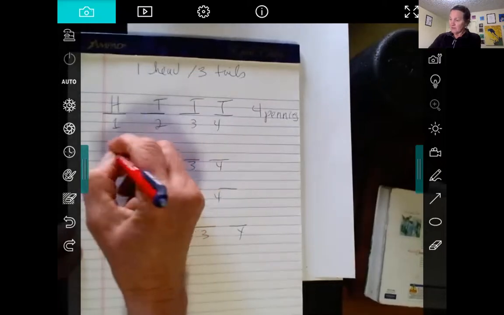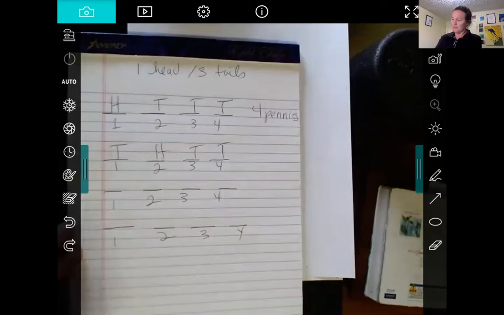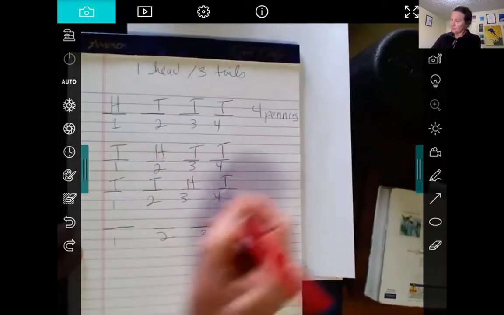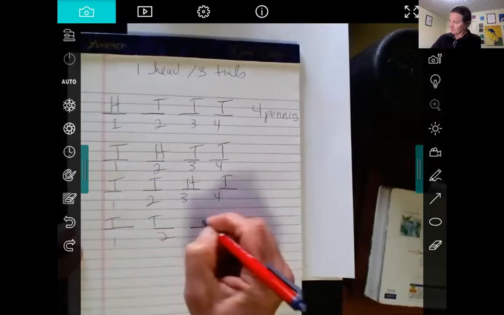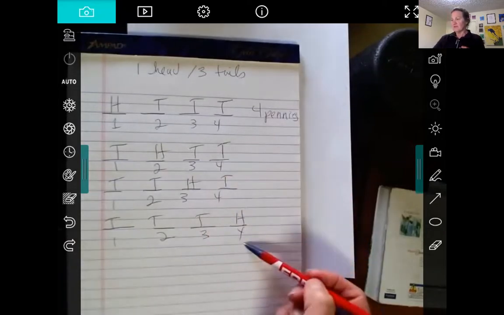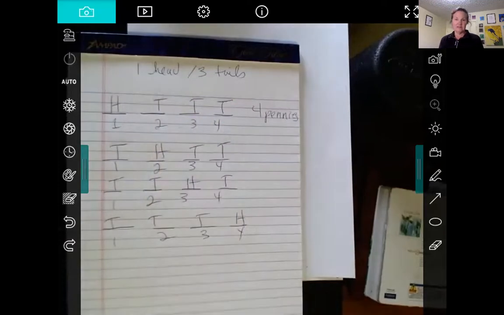But the head could end up with penny number 2, or penny number 3, or penny number 4. And so there are 4 different ways for you to end up with 1 head and 3 tails, because those individual pennies have that many options. Each could be one or the other, and one of them needs to be a head.